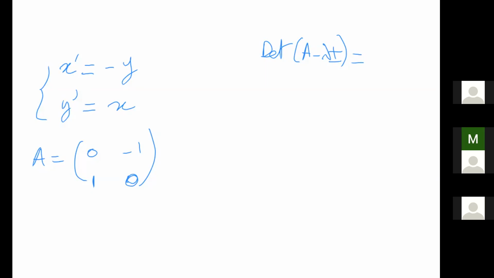So now, exactly, we will get this expression for the determinant of A minus lambda identity. And then I have two complex eigenvalues.